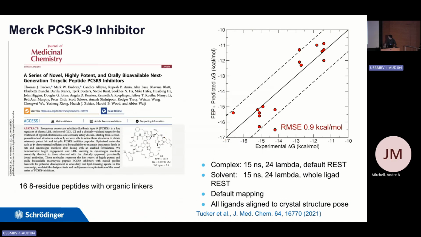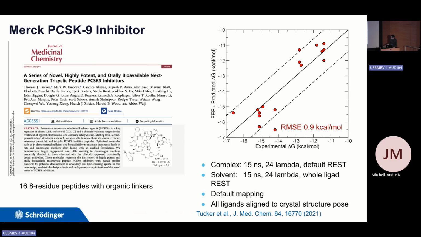So here's one example. It's the breakthrough PCSK9 cyclic peptide inhibitor from Merck. Experimental SAR is available for a large number of side chain modifications from this paper. This figure shows the FEP performance from the default protocol on this system.